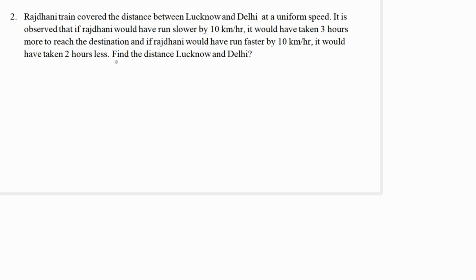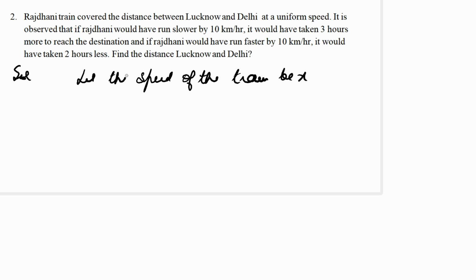See, in this he has asked distance, but the two variables that we will choose are: let the speed of the train be x, let the time taken by train be y.